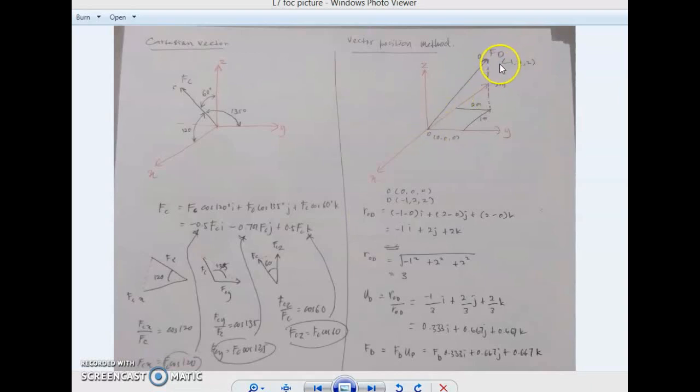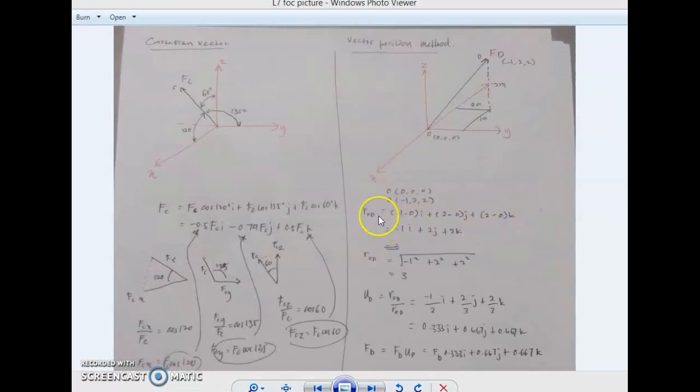Each coordinate of D, we need to subtract the origin: -1 minus 0, 2 minus 0, 2 minus 0 for I, J, K respectively.